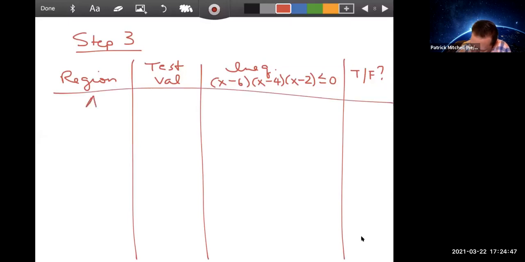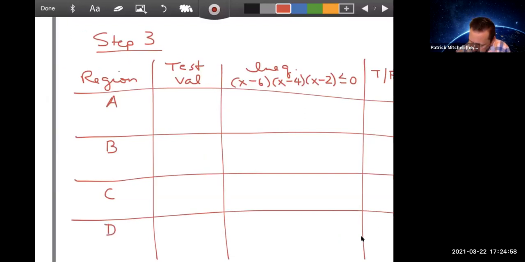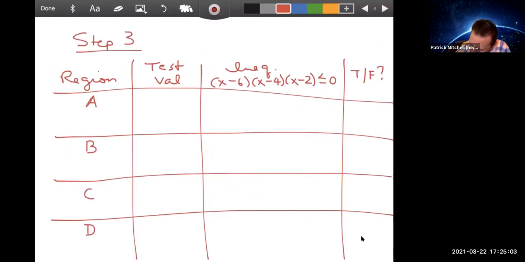Okay, so we have A, B, C, D. And the test values are 1, 3, 5, 7. Oh, I could have used 0. Oh well. 1, 3, 5, 7. I got stuck in that pattern there. All right. So now let's go ahead and make 4 copies of this inequality.